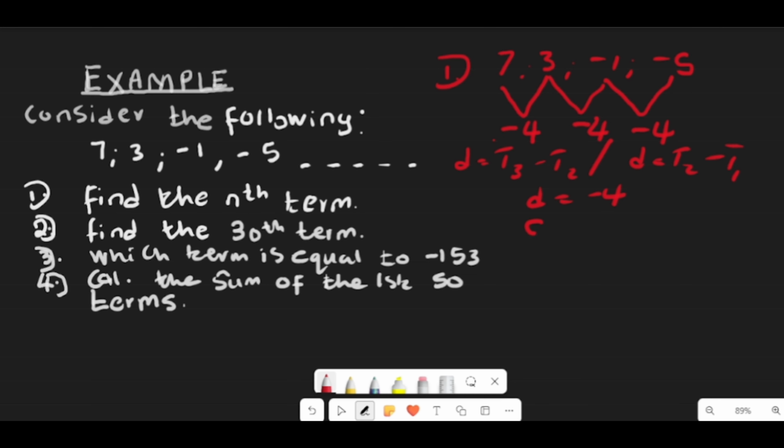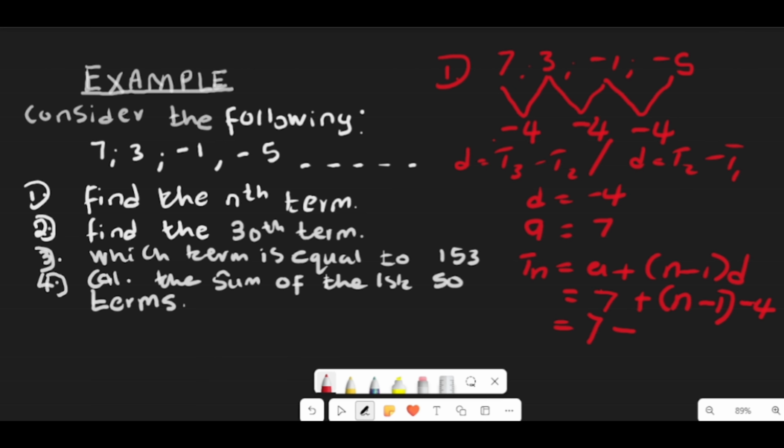Therefore, our a, which is our first term, is 7. Now we can substitute into Tn equals a plus (n minus 1)d. Our first term is 7 plus (n minus 1). We don't substitute n now because we're looking for the general equation. d is going to be minus 4.